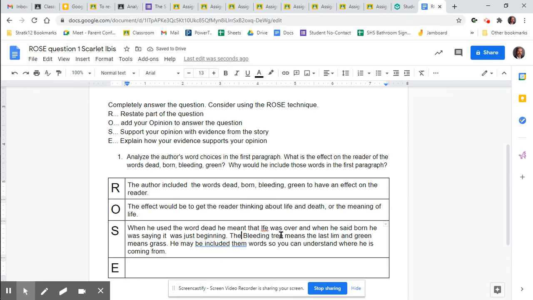Bleeding tree means the last limb, and green means grass. Okay, we got a little lost right there. Bleeding is probably, if we're talking about life being over and life beginning, bleeding means what? Some kind of injury? Or something bad?